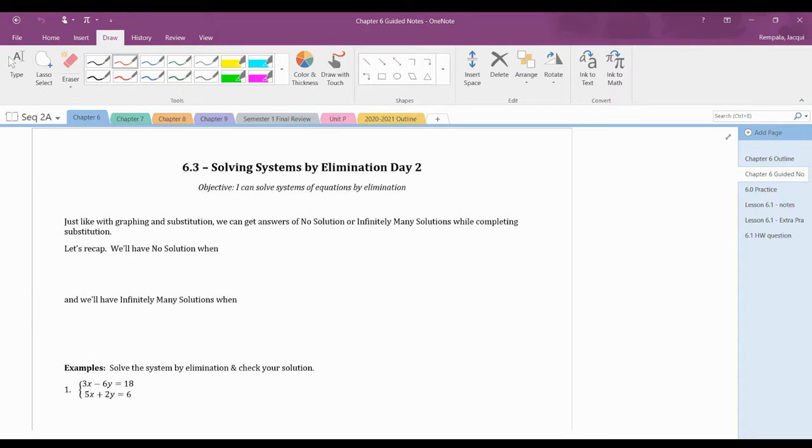So let's recap. When we have no solution, that happens when all variables cancel out, and we have a false statement.